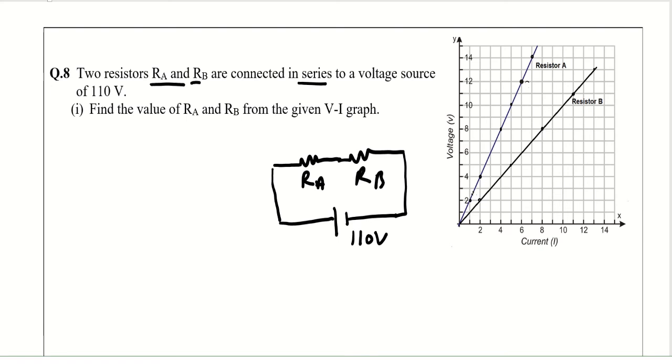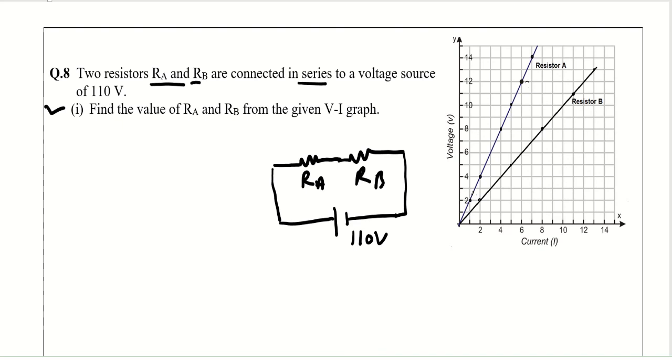Now part A says find the value of RA and RB from the given VI graph. So from the graph you have to find the value of RA and RB. Now there is a rule if you have the VI graph.